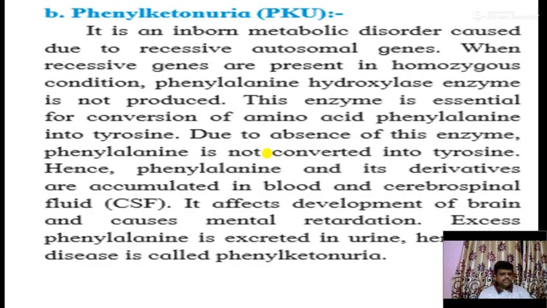Let us move towards one more autosomal inheritance, that is phenylketonuria. Phenylketonuria is an inborn metabolic disorder caused due to a recessive autosomal gene. So again, this disorder is mainly found in some people due to the autosomal gene.